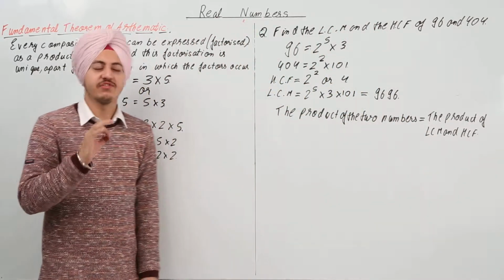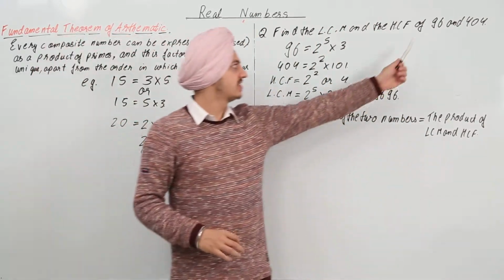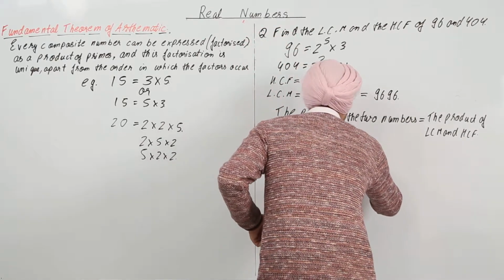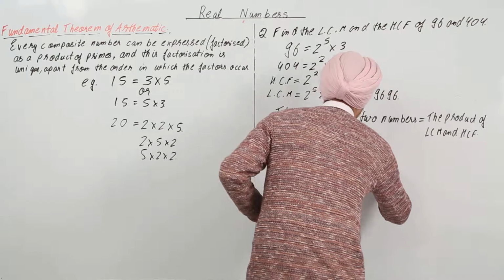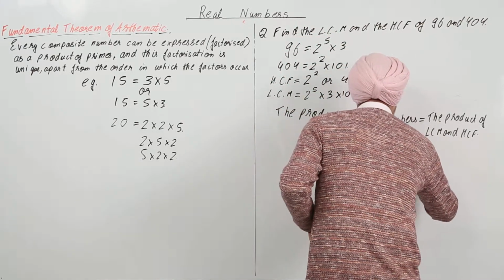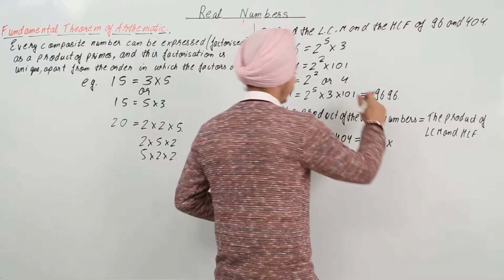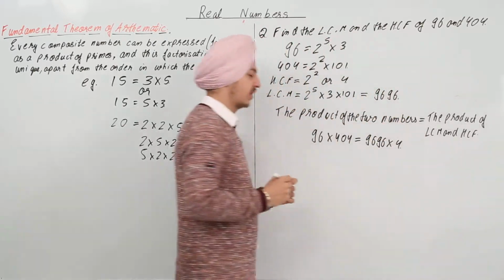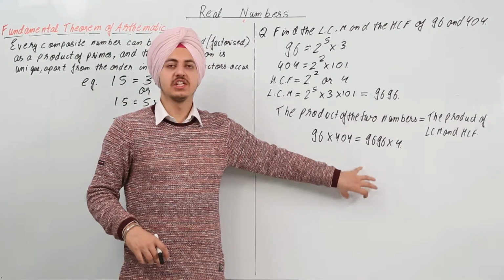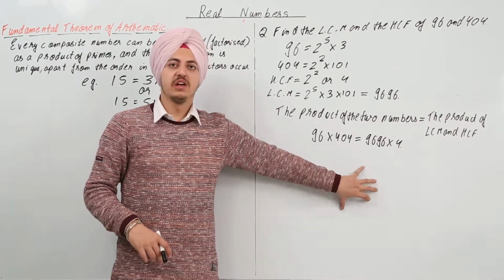The product of these two numbers, that means 96 into 404, will be equal to 9696 into 4, the product of LCM and the HCF. You recheck this at home, this result will come out to be equal.